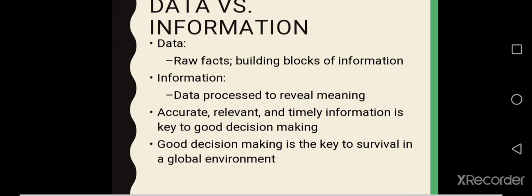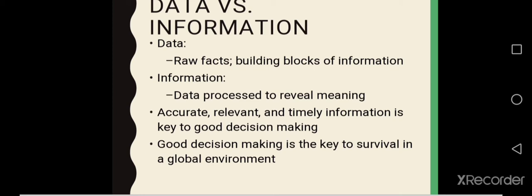On the other hand, information is data processed to reveal meaning. For example, we have data on grades: your grade in mathematics, your grade in science, your grade in management, and other subjects.